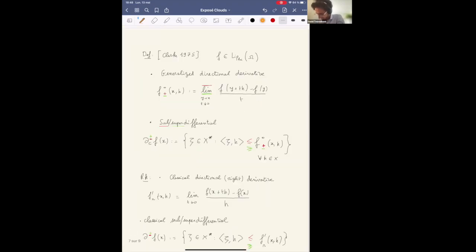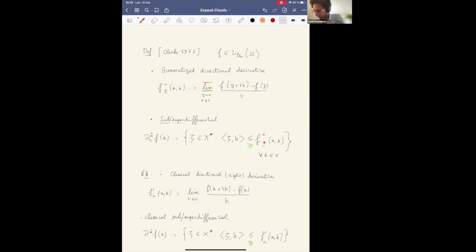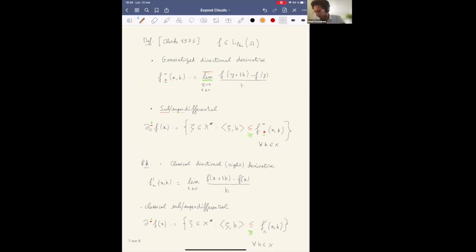So here I'm finally going to give the definition of the sub and super differential in the sense of Clarke. If we're given a locally Lipschitz function small f on omega, then the generalized directional derivative is defined as follows. We have two derivatives, one with a plus that is defined with a lim sup, and one with a minus that is defined with a lim inf.